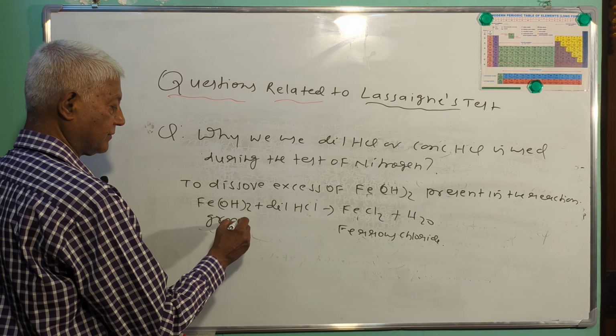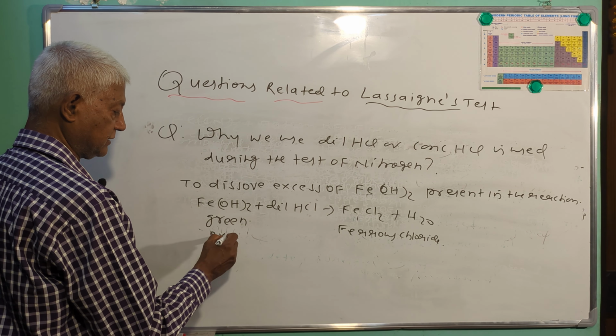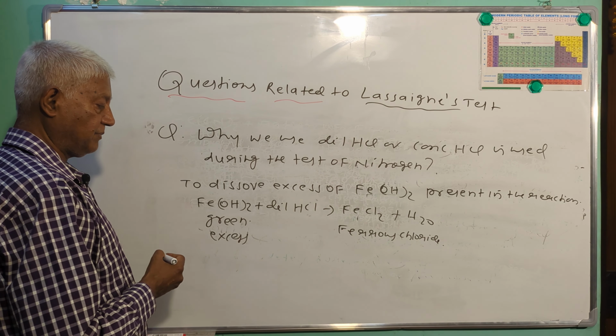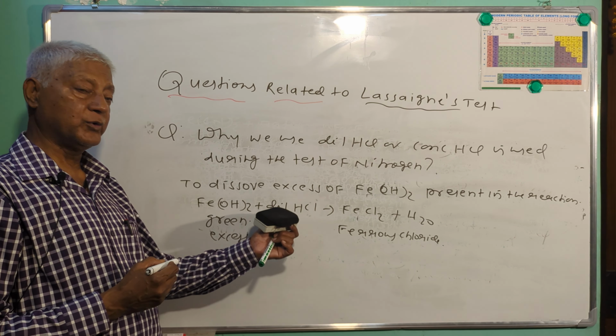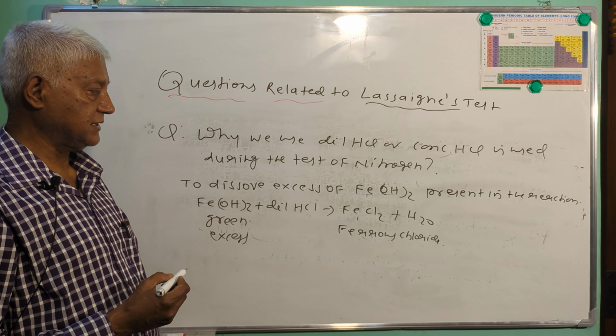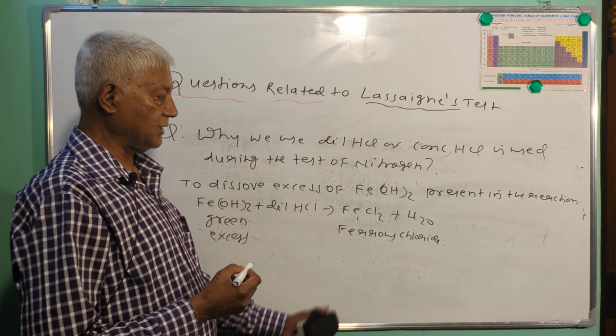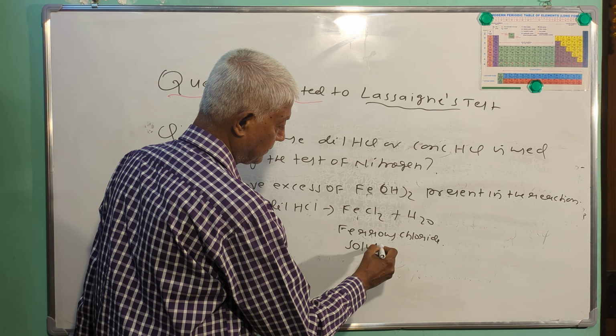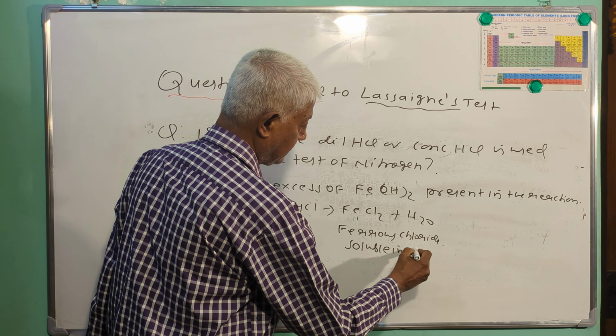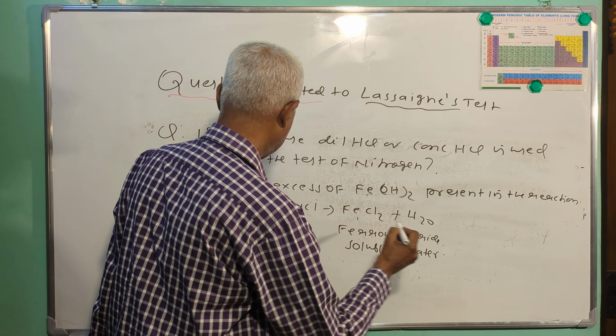Green. If excess ferrous hydroxide is present in the solution, then we have to treat it with dilute HCl, and we get ferrous chloride, which is soluble in water.